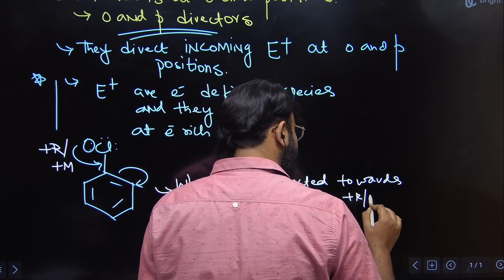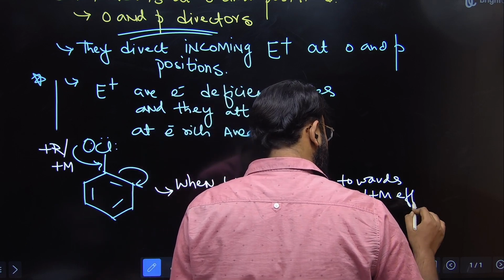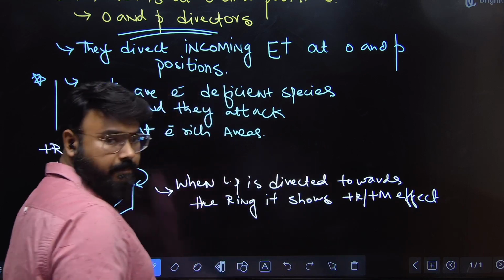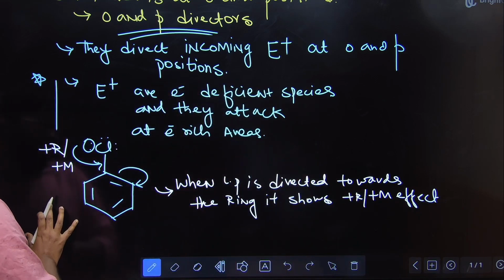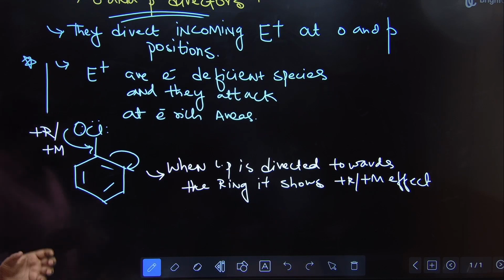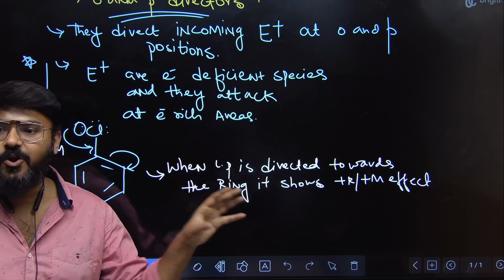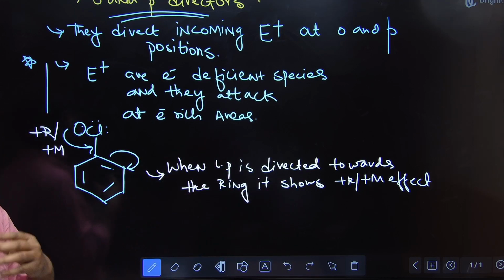And when you have plus R or plus M, we call them ring activating groups.